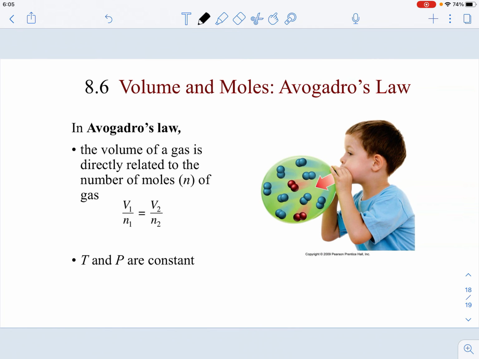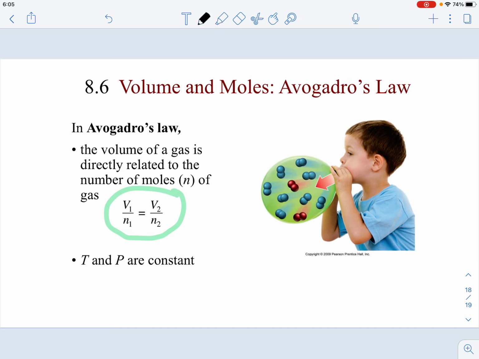The last gas law that we need to be familiar with is going to be Avogadro's Law. And this Avogadro's Law was created by the guy that invented Avogadro's number. Remember that he was interested in the number of moles. So when it comes to Avogadro's Law, understand that this is the relationship between volume and the number of moles.